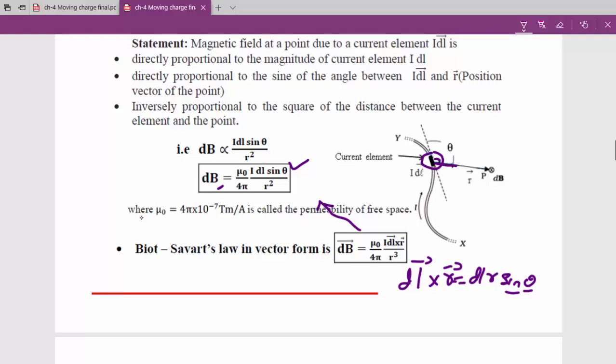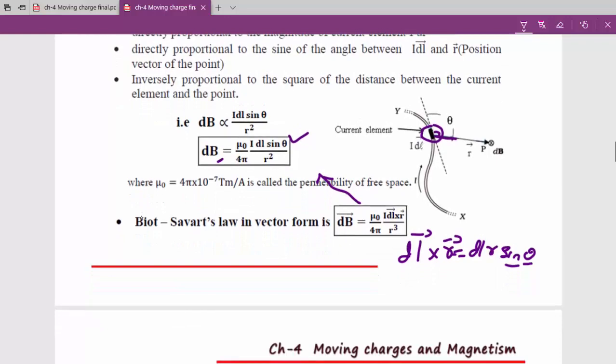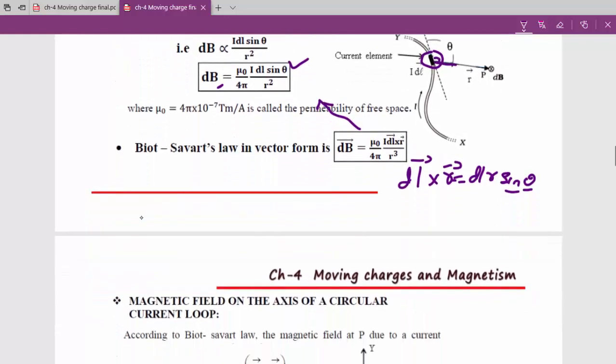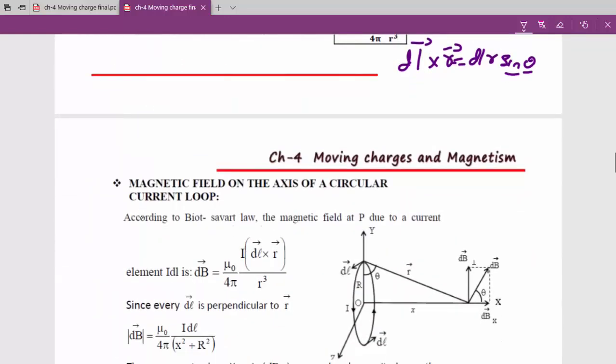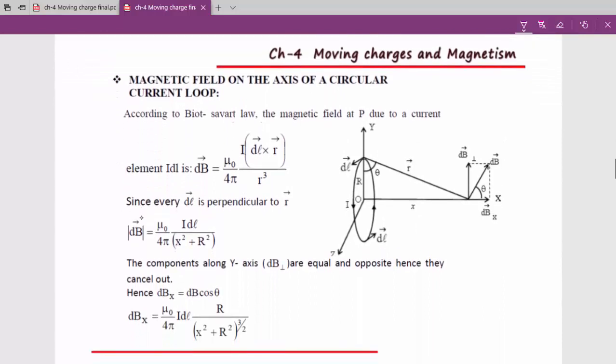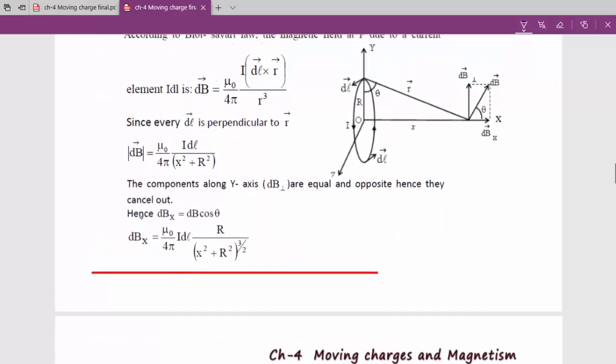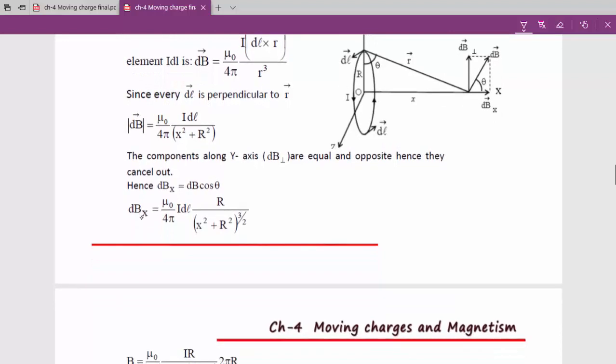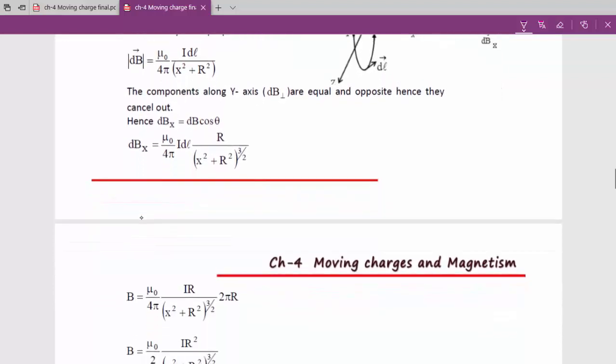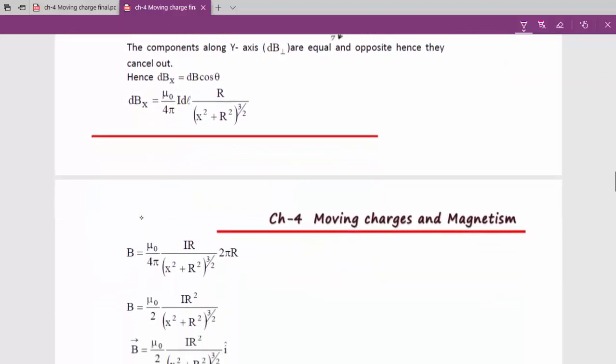Okay, with this Biot-Savart's law, we can get the expression for the magnetic field due to a circular coil. The entire derivation is given here in the synopsis, but it is not of much importance. I will just show the magnetic field due to a current carrying circular coil.